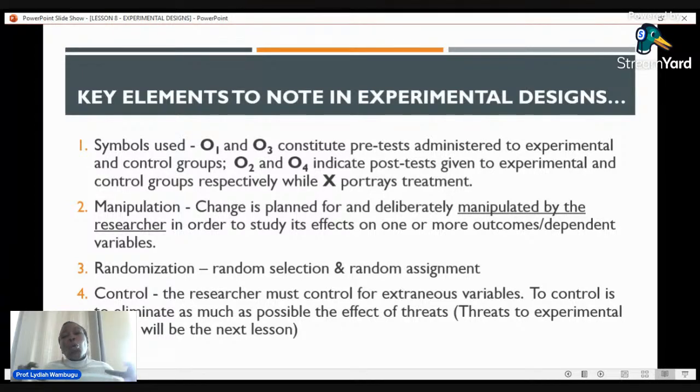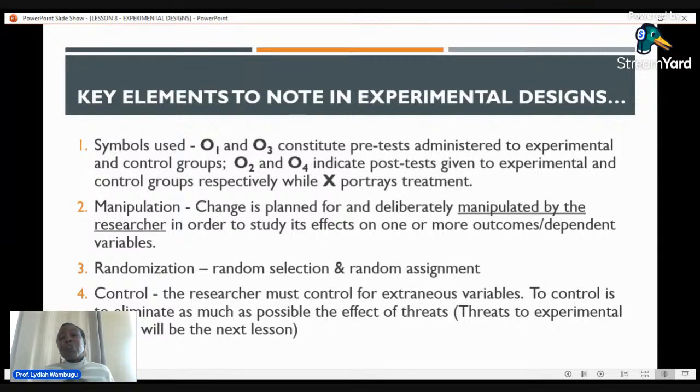That means what may threaten your confidence to say that X causes Y. What may threaten you from confidently telling people X causes Y. That is what we mean by internal and external validity. And we'll be differentiating between the two. We will define the two and explain. So controlling in experimental research is key.